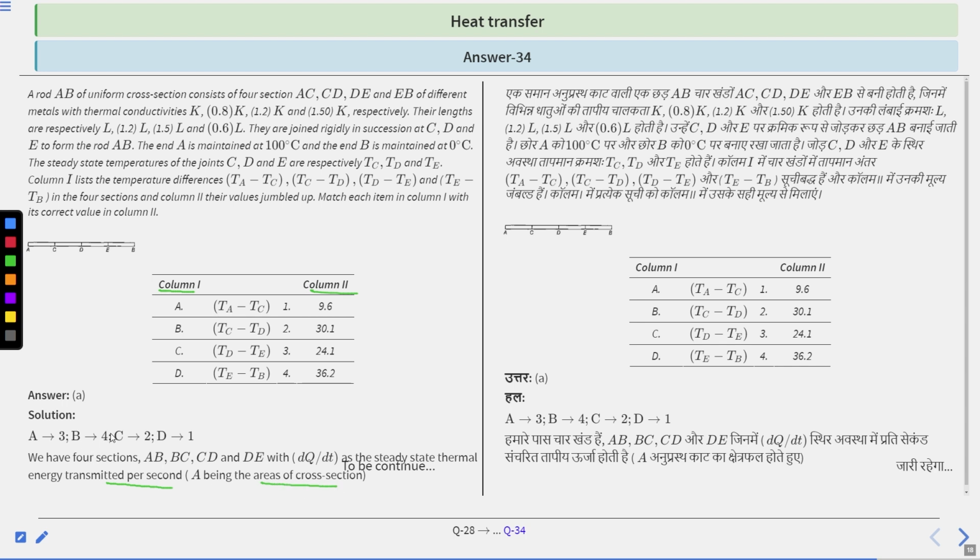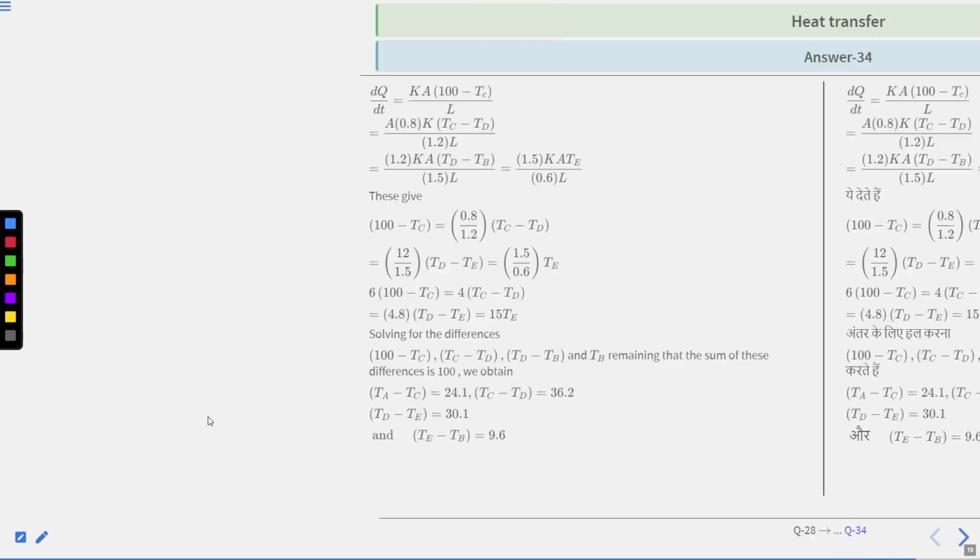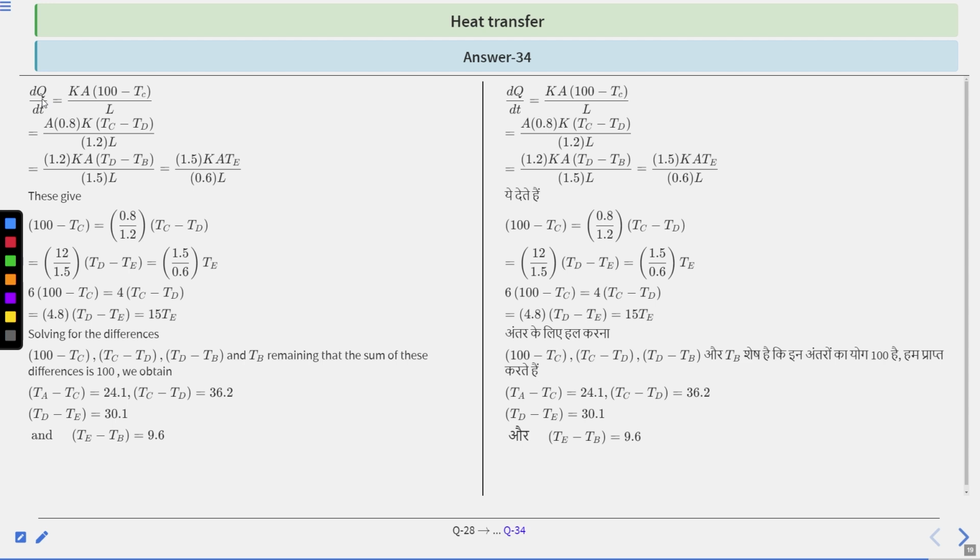Clear? So the solution is 1 matches with 3, similarly B with 4, C with 2, and D with 1. Clear? And for the solution, numerically dQ upon dt is equal to KA times 100 minus Tc divided by L.